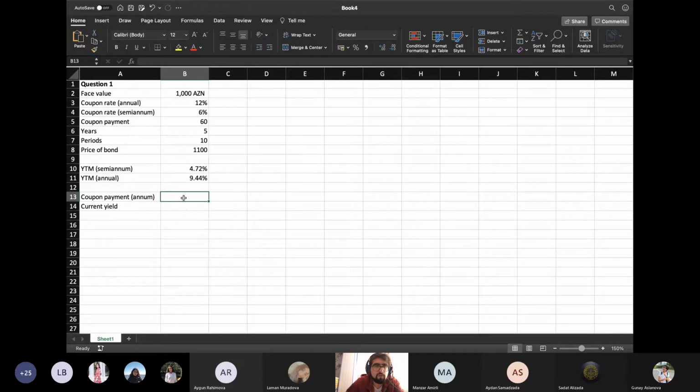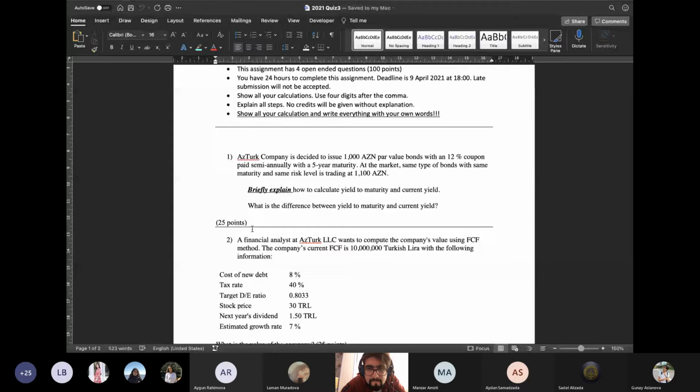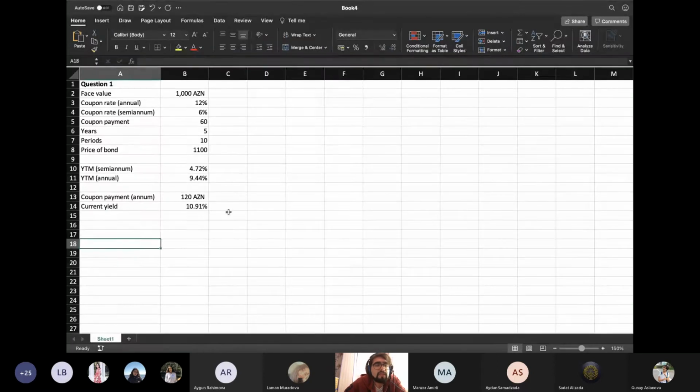Therefore, our coupon payment per annum is 120. So current yield is this one divided by the price, 10.91%. And current yield and yield to maturity.